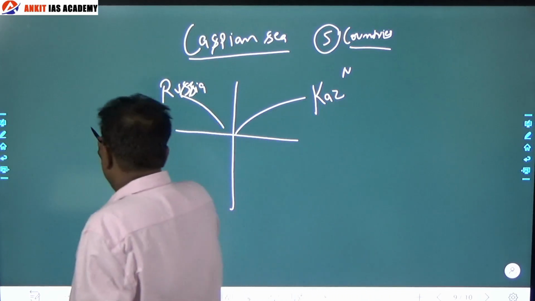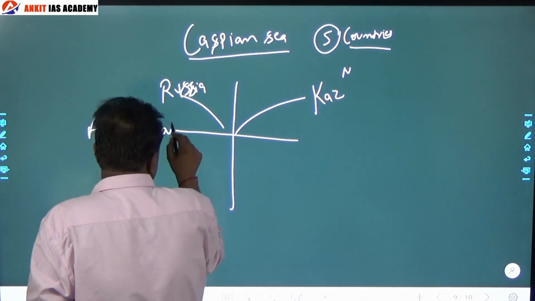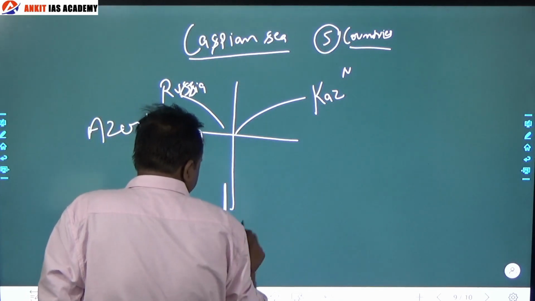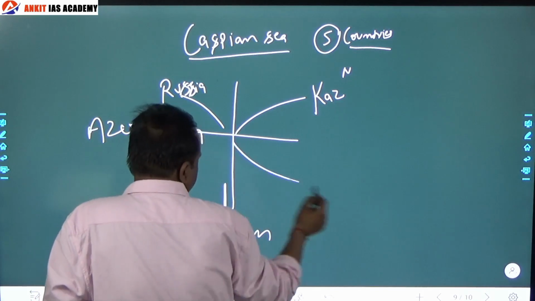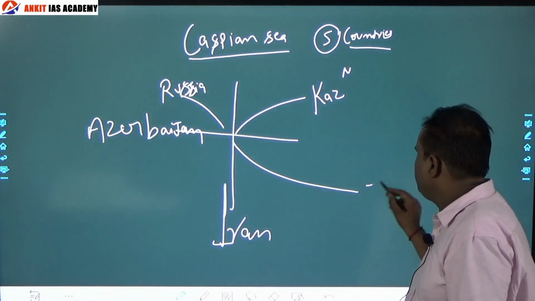To the western side, Azerbaijan. To the south, there is Iran. And to the southeastern side, there is Turkmenistan.